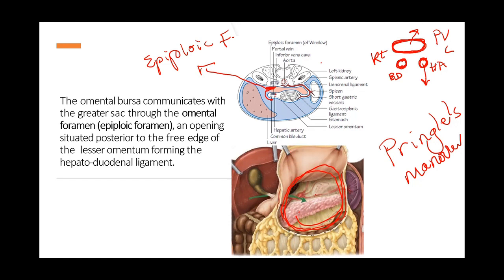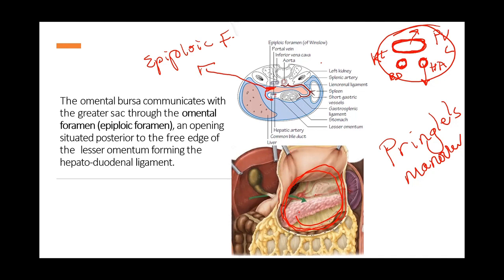Okay, and secondly, take note of the positioning. You might be confused and told that the portal vein is located to the right or to the left, or the bile duct posteriorly. Just remember your diagram, have the mental picture.